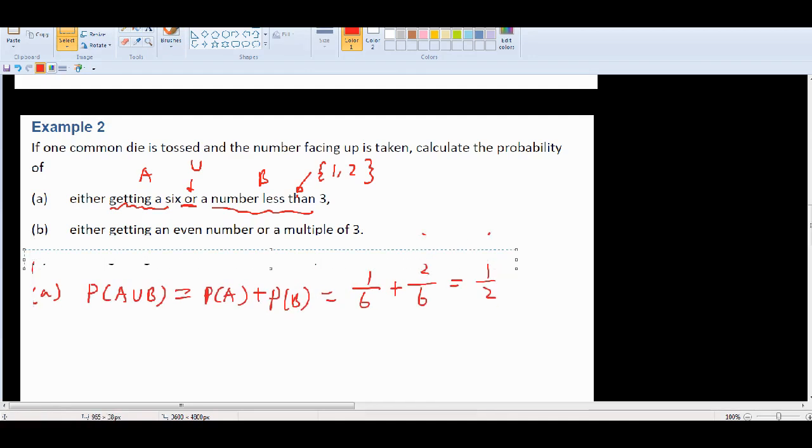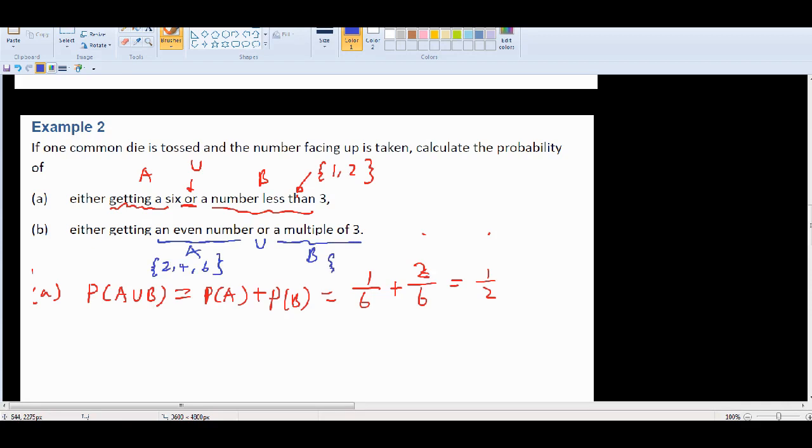Okay, so for the next one, getting an even number, which is A, or, okay, that means union. Multiple of 3, that's B. Okay, even number means 2, 4, 6.